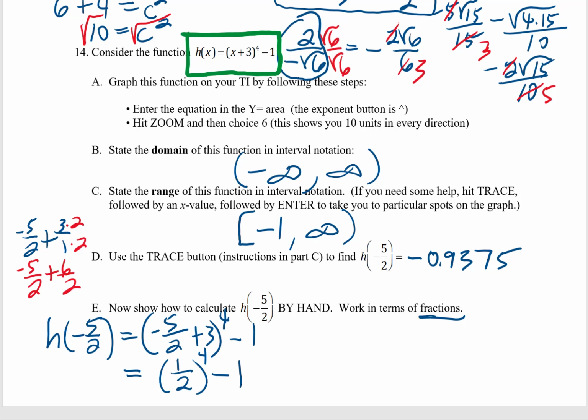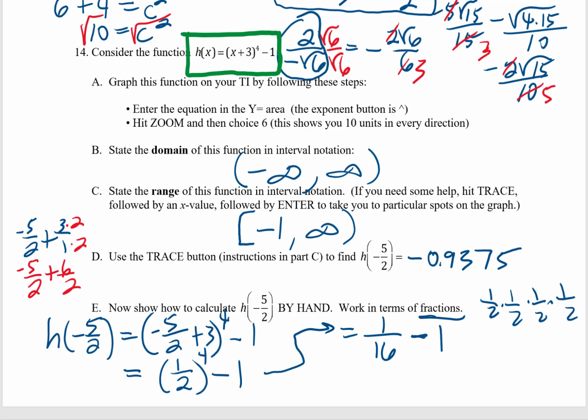1/2 to the 4th power, that just means 1/2 times 1/2 times 1/2 times 1/2. You can write it out if you want to, and that should make you realize all you have to do is multiply across. You're just going to get a bunch of 1s on the top, and 2 times 2 is 4, times 2 is 8, times another 2 is 16. So I get 1/16. The last thing I have to do is subtract 1.